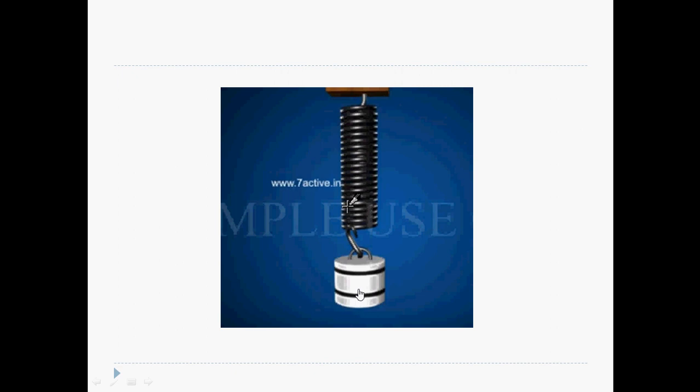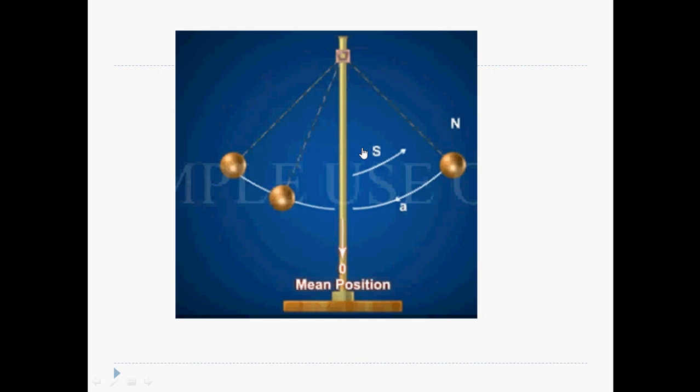So as the distance from the mean position increases, the acceleration also increases, and the acceleration is always directed towards the mean position. This is how the motion of the simple pendulum occurs. It will be moving like this, from the mean position to the extreme position.